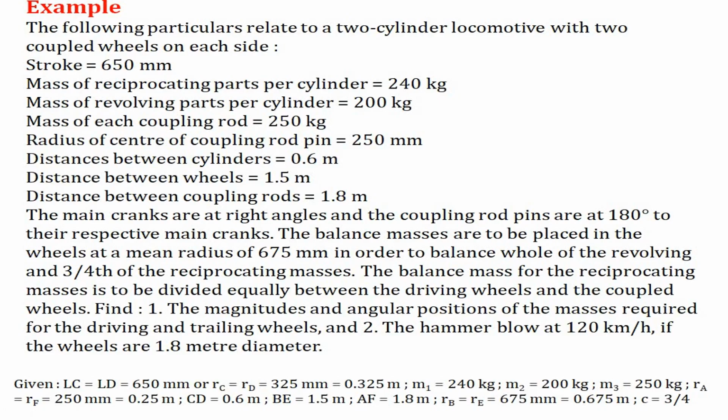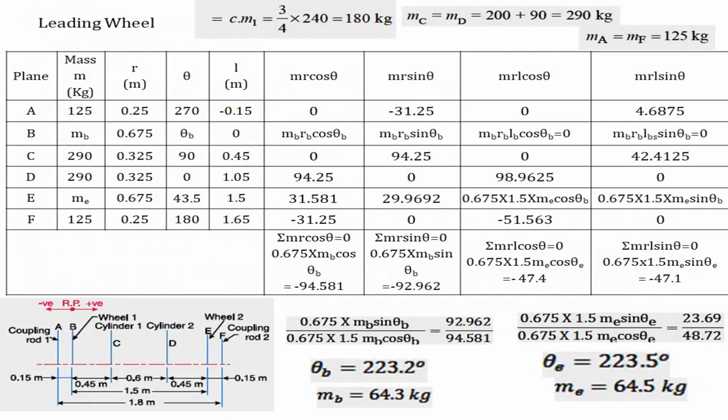That means whatever amount of reciprocating masses we are going to balance has to be divided into two equal parts. One has to be placed in a driving wheel, the other in the rear wheel. How we are going to do this, we will observe over here.